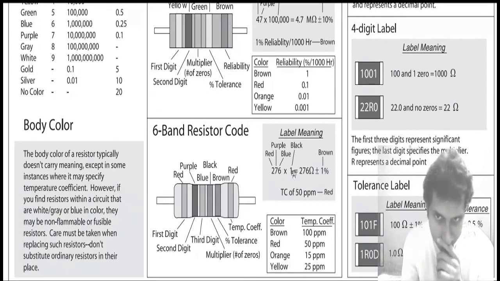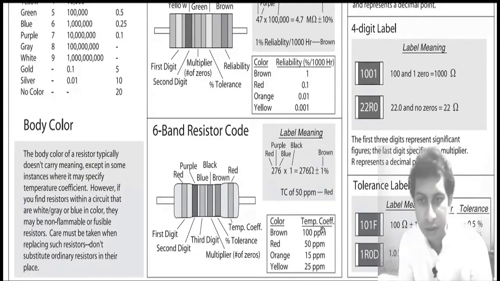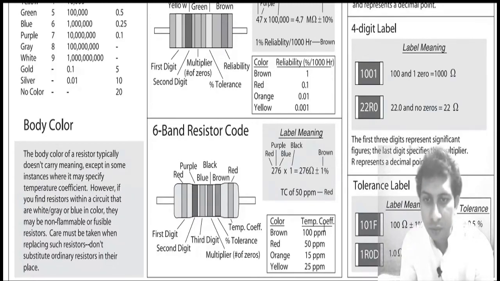Okay, 10 to the power 0 is the multiplier, that means 10 to the power 0 will be 1. For the fifth band, brown is used for tolerance, and this last one, red, is used for temperature coefficient. What does this temperature coefficient mean?